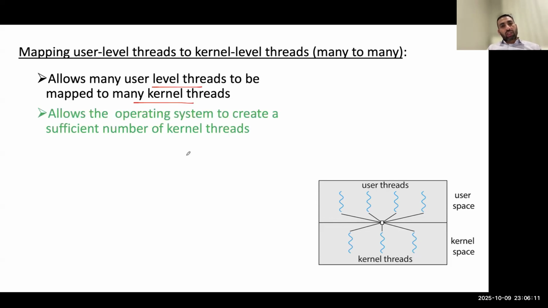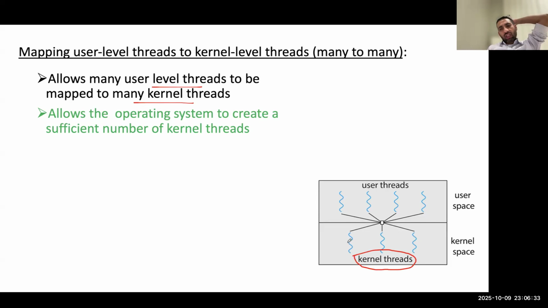This will allow your operating system to create a sufficient number of kernel threads. I am not exactly sure. I didn't go through it in detail, and I'm not exactly sure what it means by mapping multiple user level threads to multiple kernel level threads.